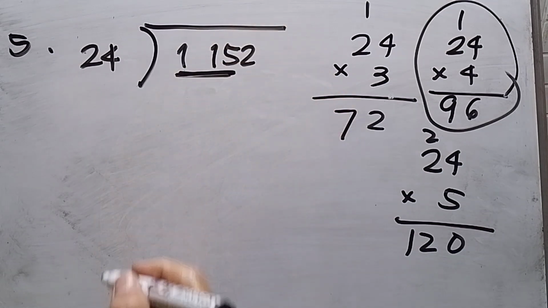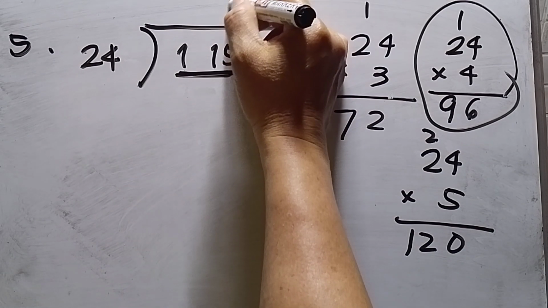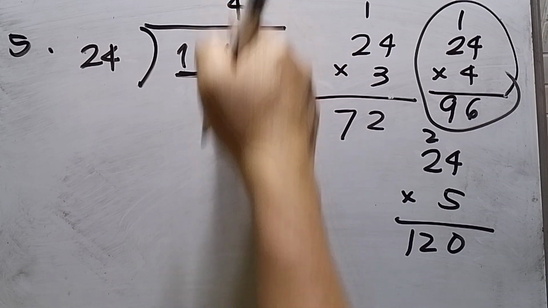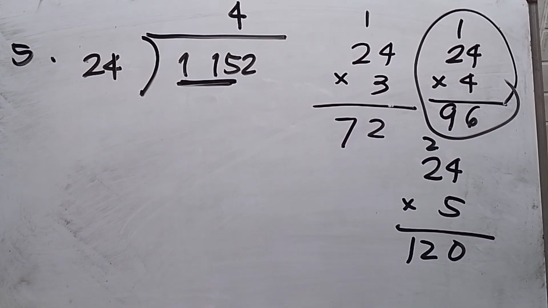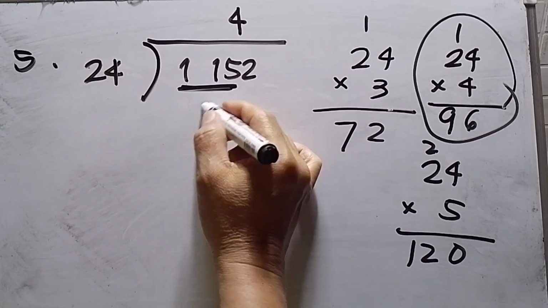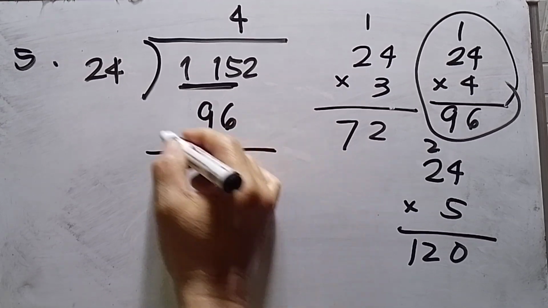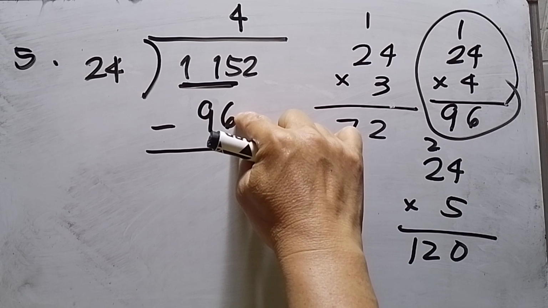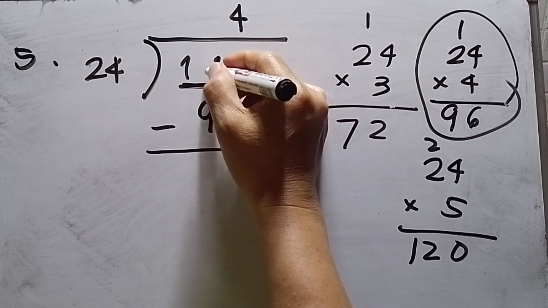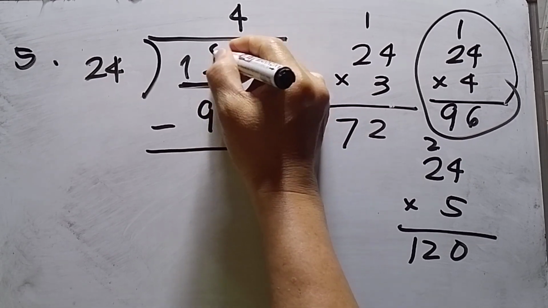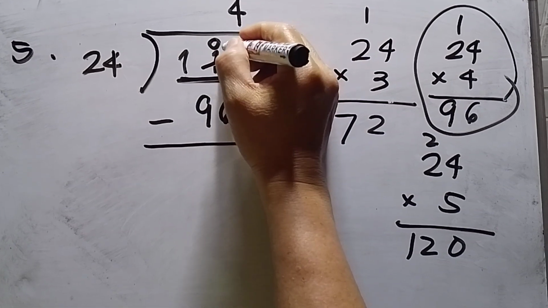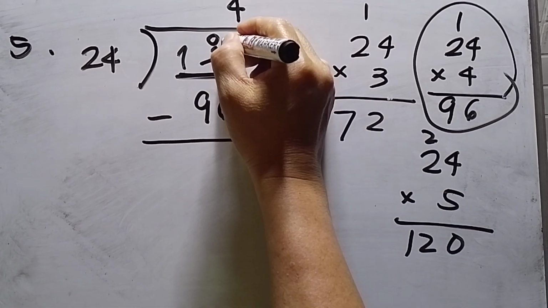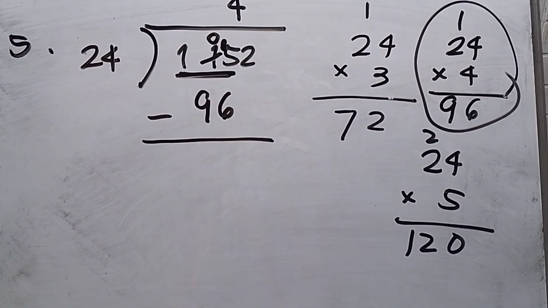So my first quotient is 4. It should be in line with column 5. Okay. And then multiply. That is 96. Then subtract. Since 5 cannot be taken away by 6, I need to borrow from here. So this will become 0. And then the one that I borrow, I have to write beside 5.